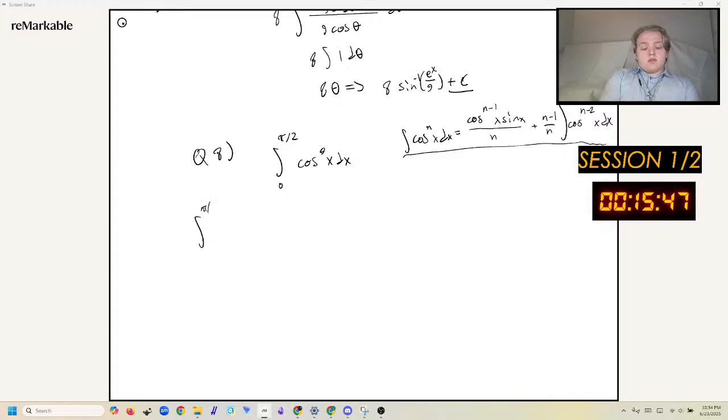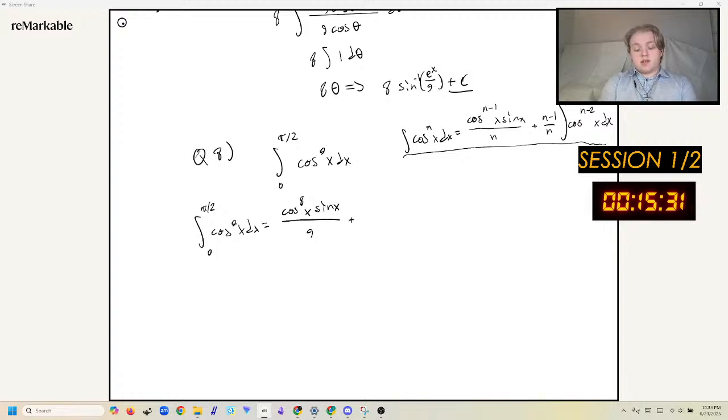So the integral from 0 to pi over 2 of cosine to the 9th x dx is equal to cosine to the 8th x sine x over 9 plus 8/9 times the integral of cosine to the 7th x dx.